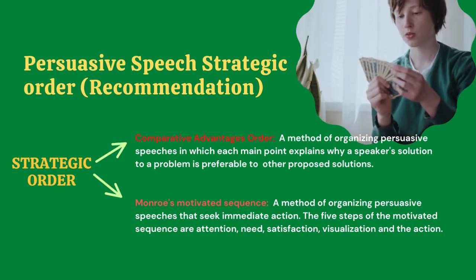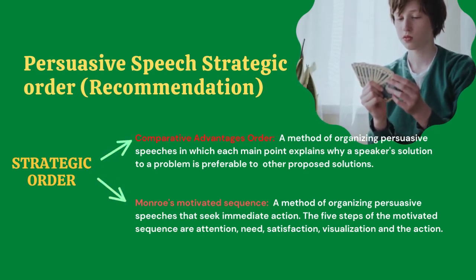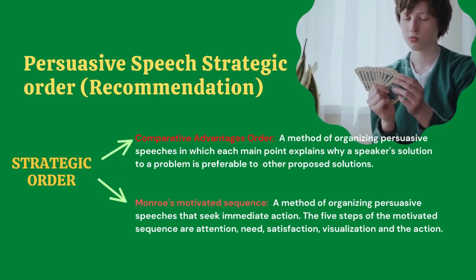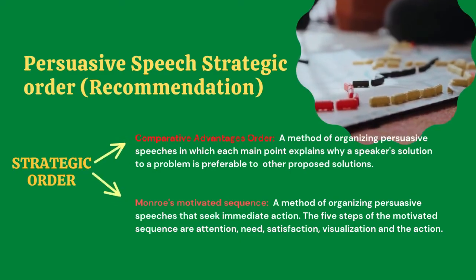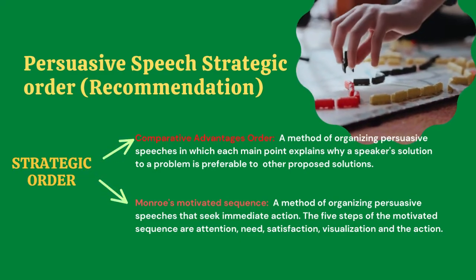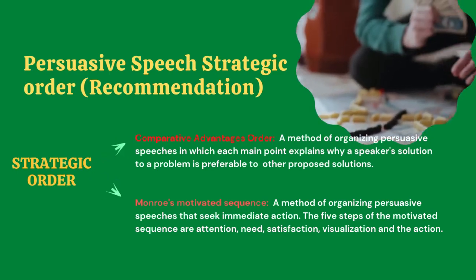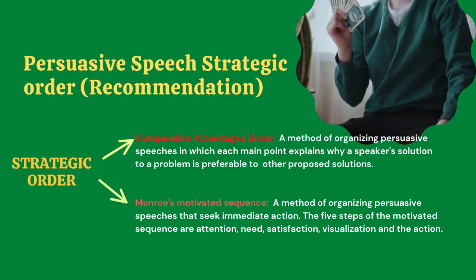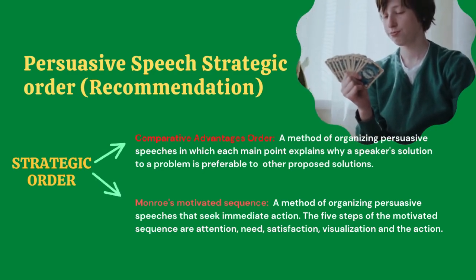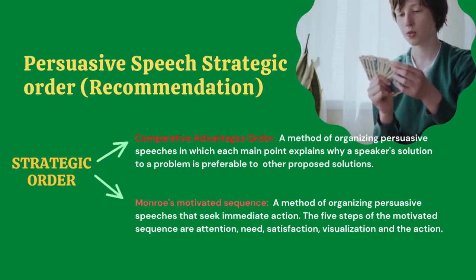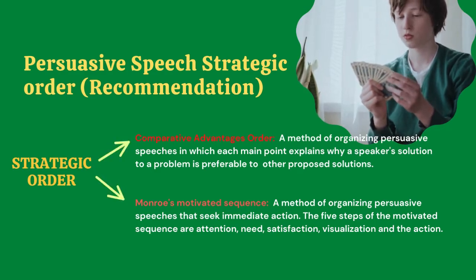As for the second, as a student, you are advised to use Monroe's motivated sequence, a method of organizing persuasive speeches that seek immediate action. The five steps of the motivated sequence are attention, need, satisfaction, visualization, and action.